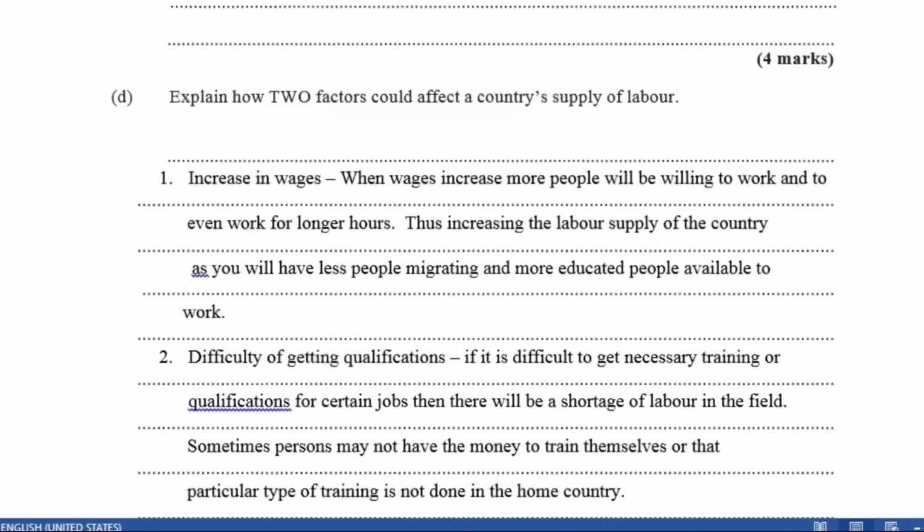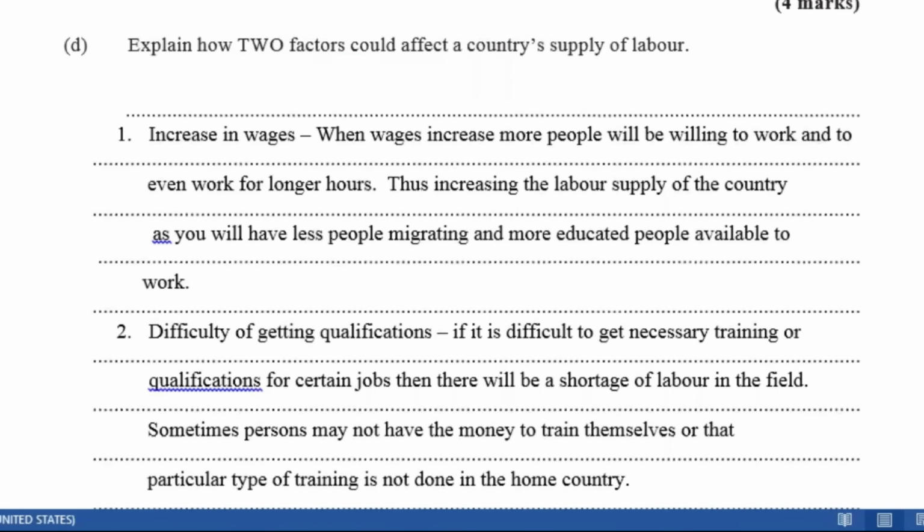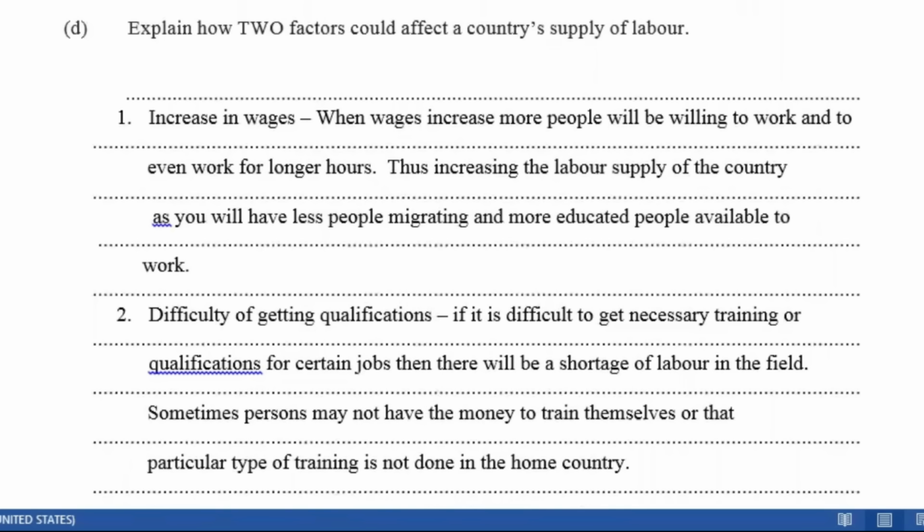The second one, difficulty of getting qualifications, right? And this is rightfully so. If it is difficult to get necessary training or qualifications for certain jobs, then there will be a shortage of labor in a particular field.